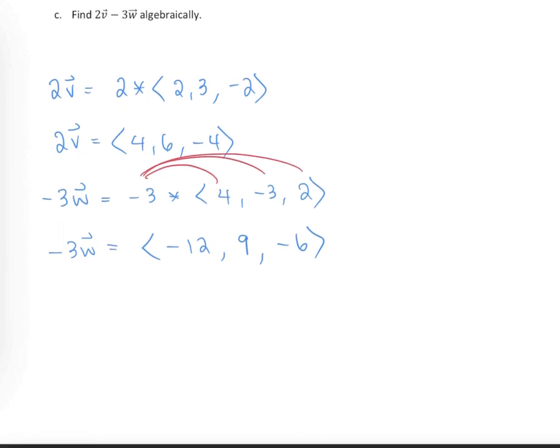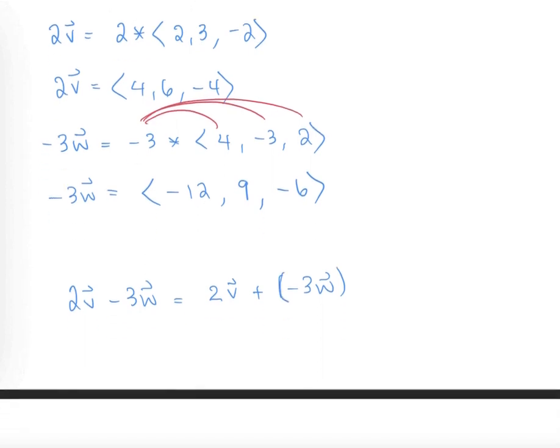So now if we're looking for 2v minus 3w, which can also be interpreted as 2v plus negative 3w, we're basically just adding these two vectors together. 2v was 4, 6, negative 4, and negative 3w turned out to be negative 12, 9, negative 6.